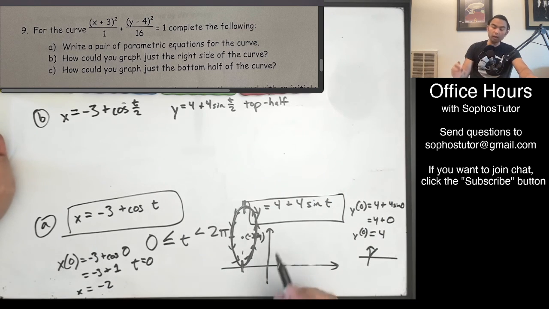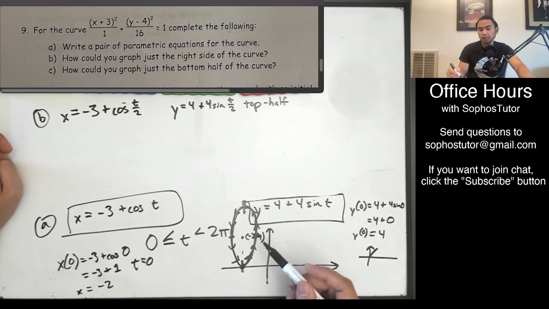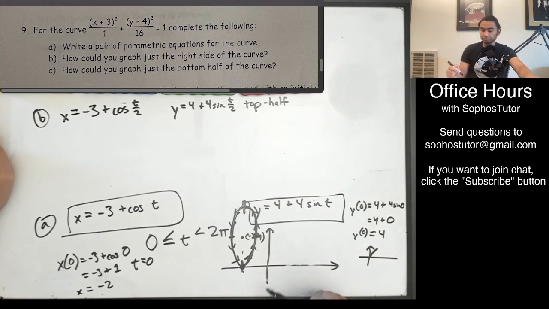Now what we really want is, instead of the starting point being in the middle of that curve, we want the starting point to be actually at the bottom of that curve. Right? So how do we force this t to start down here?